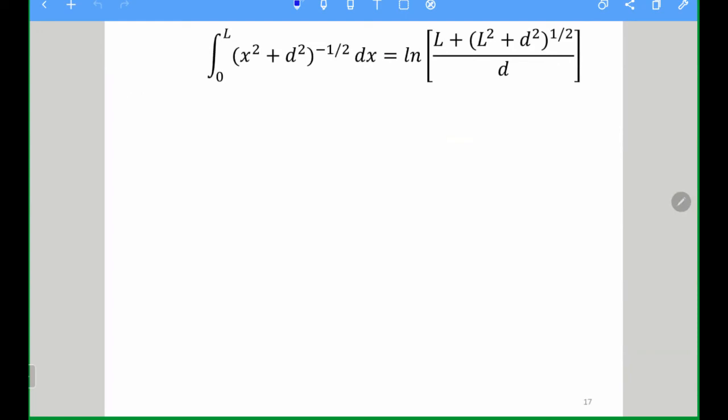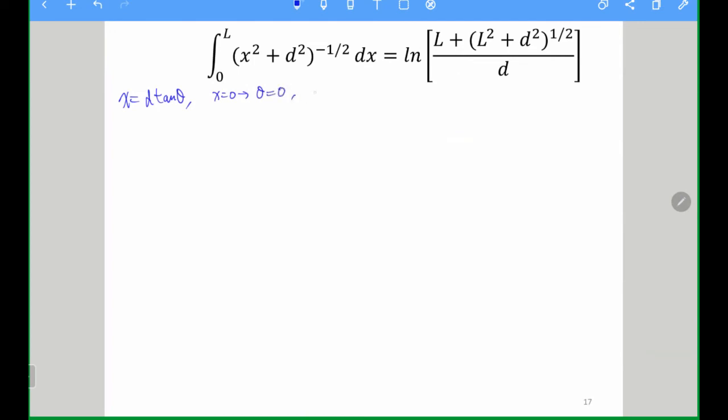Here we just assume x to be d times tangent of theta. If theta is zero, then x will be 0. When theta is 0, it corresponds to x being 0.